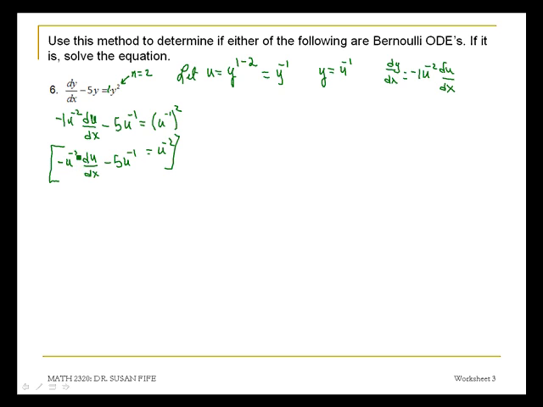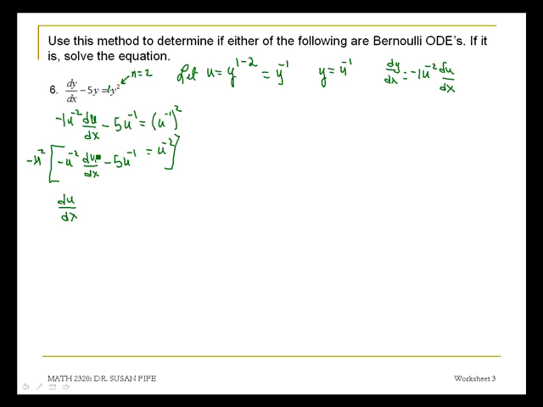To write this in linear form, I'm going to want to get rid of this coefficient of du dx by multiplying by negative u squared. That way the negatives cancel out, and u squared times u to the negative second will give you u to the 0. It'll cancel out those u's. That'll give me du dx.